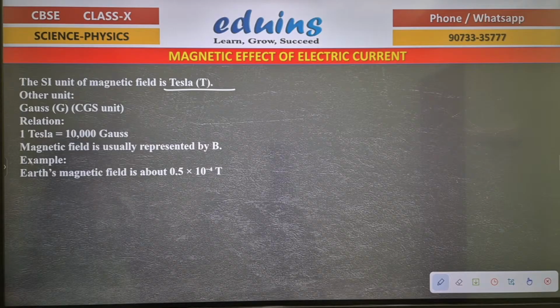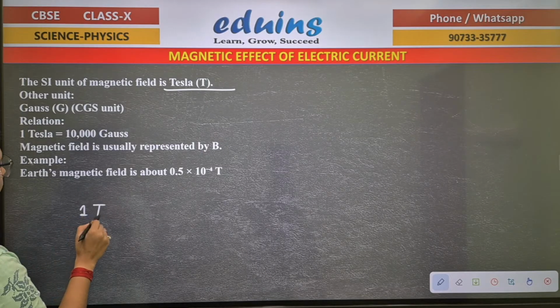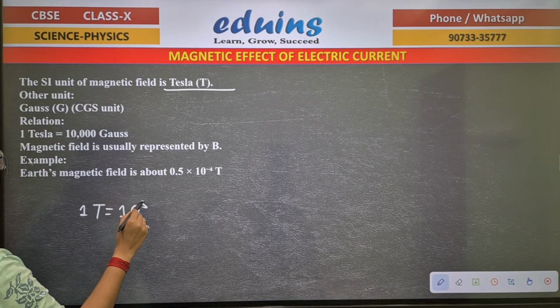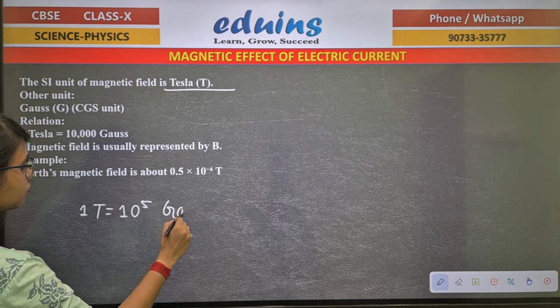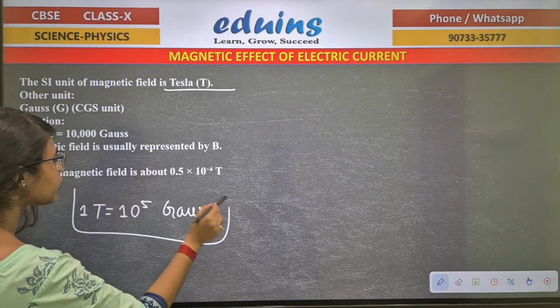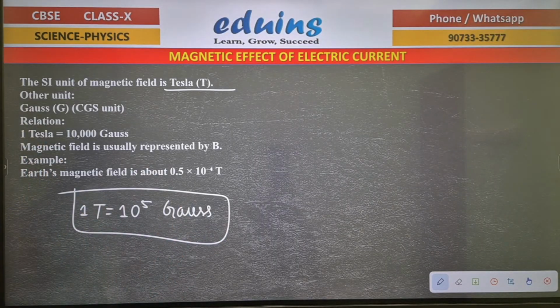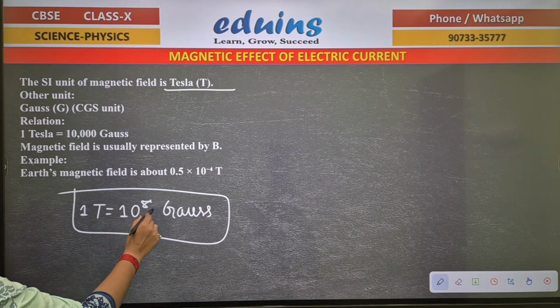So this is the relation between the Tesla, SI and CGS unit of magnetic field. For SI unit, the magnetic field is Tesla, and for CGS unit, it is Gauss. So the relation is 1 Tesla is equal to 10 to the power 4 Gauss.